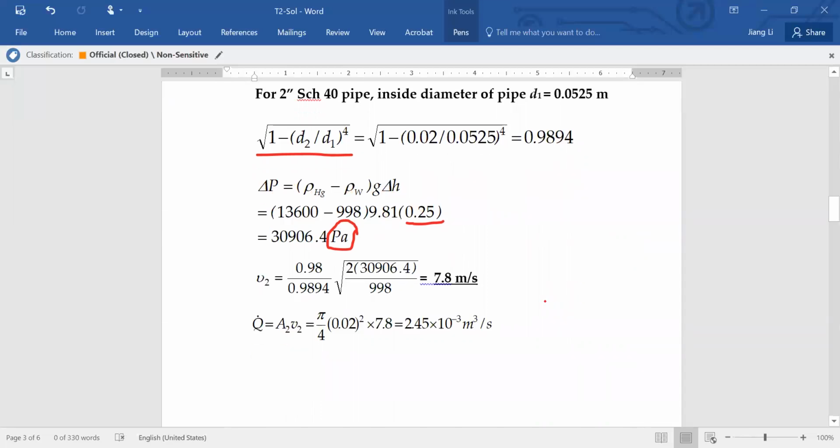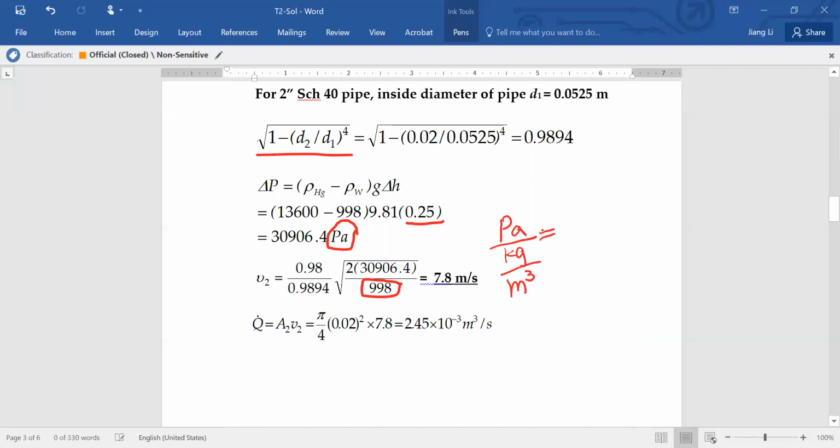Please also take note, inside the velocity formula, below here you have a density, right? This density refers to the density of the fluid. Now it's water flowing inside the pipe. And also take note, the unit for pressure I mentioned is Pascal. We have covered this in tutorial 1 already. So on top, you have a pressure difference in Pascal, and at the bottom, you have a density unit.